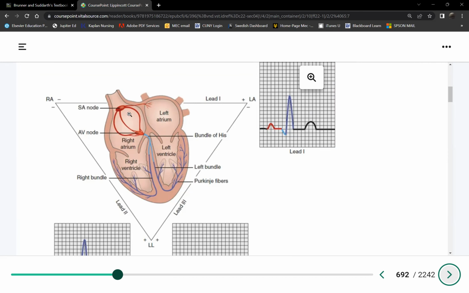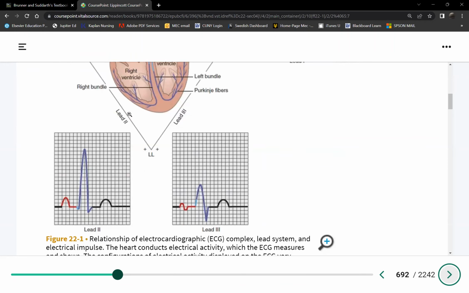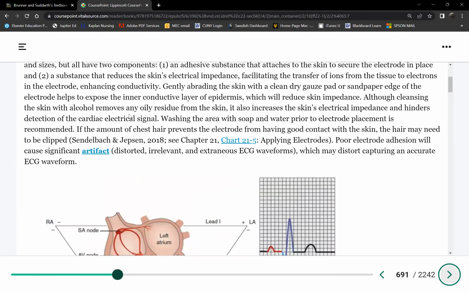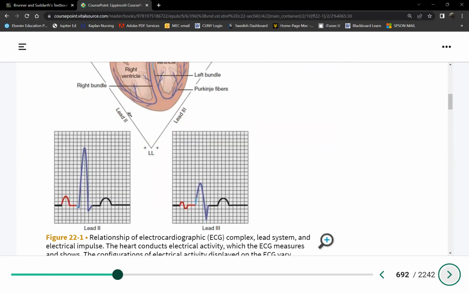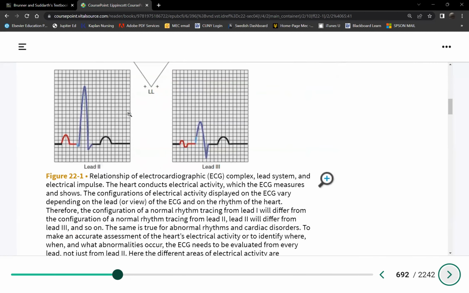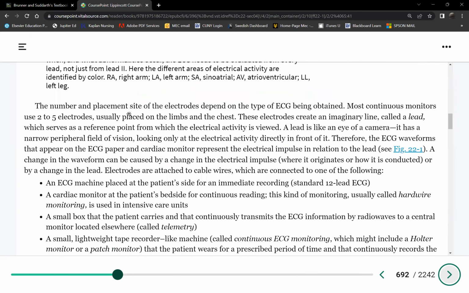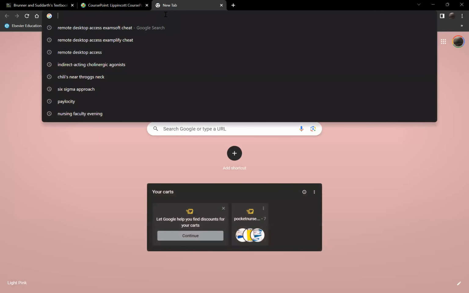So for purposes of all the illustrations in chapter 22, most, if not all, the ECG leads shown here are taken from lead 2. Let me show you a 12 lead ECG and explain why there are 12 different views.